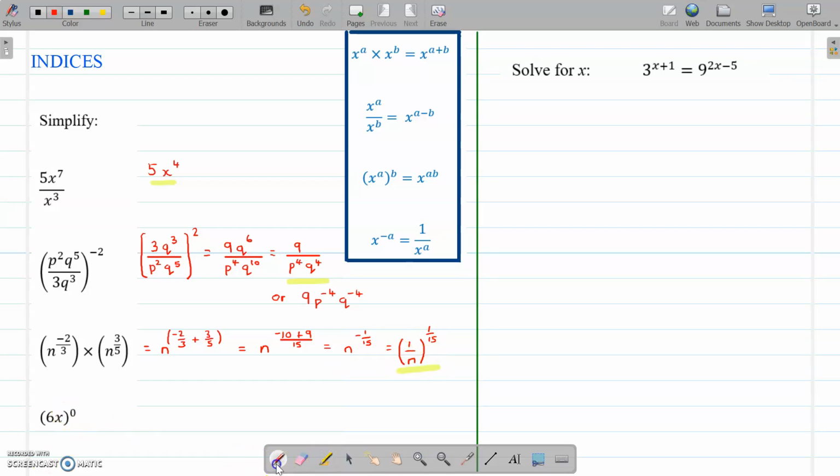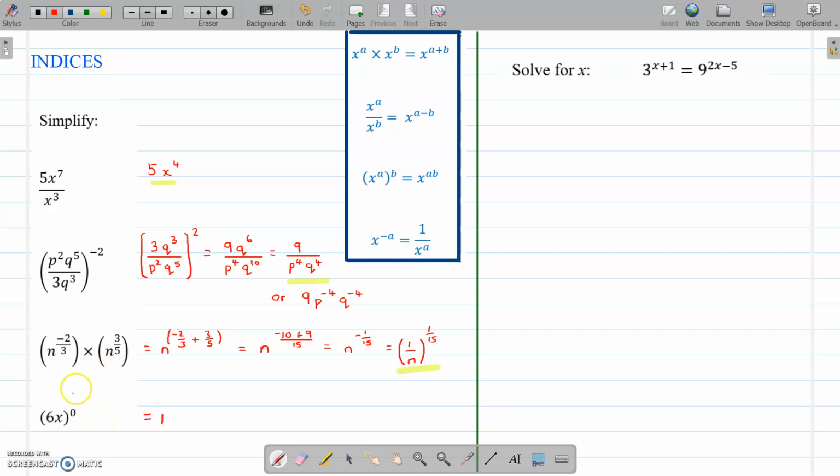Anything to the power 0 for this fourth one here is 1. Okay? So it could be an algebraic expression, it could be just a number, it could be a fraction, but if it's to the power 0, the answer's 1. The only exception to that is that this bracket can't equal 0, because 0 to the power of 0 is undefined mathematically.